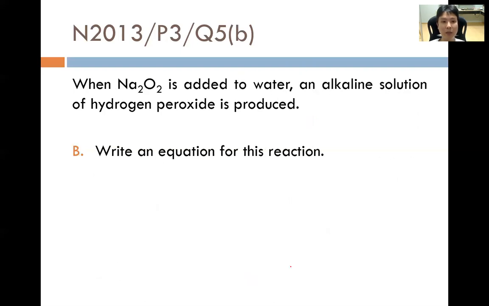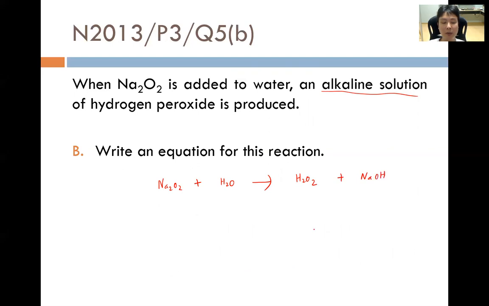Okay, the final question: when sodium peroxide is added to water, an alkaline solution of hydrogen peroxide is produced. Write an equation for this reaction. So basically we have Na2O2 and we add it to water and we produce hydrogen peroxide. And because they say an alkaline solution is produced, it would mean that NaOH is also produced.